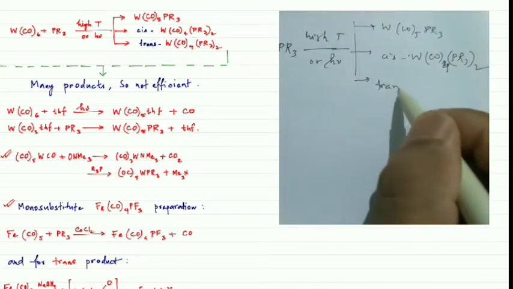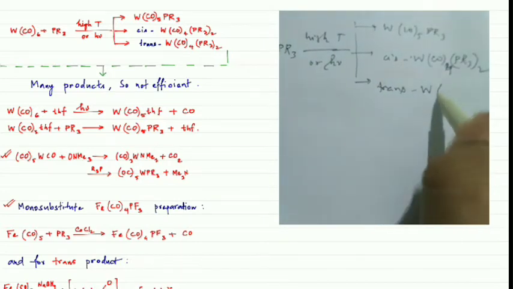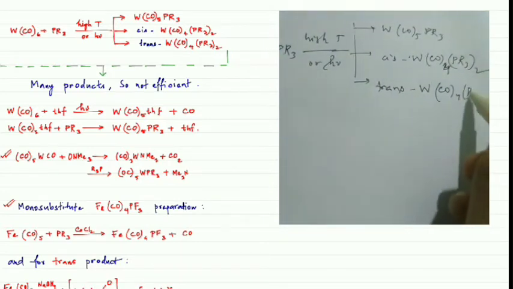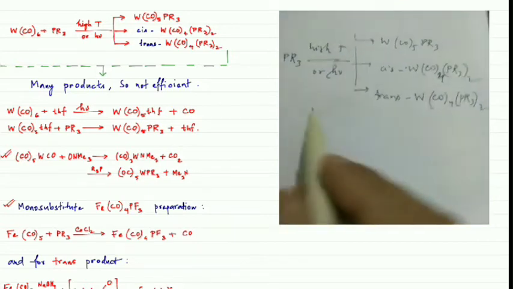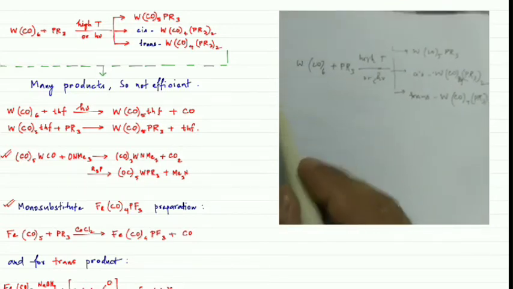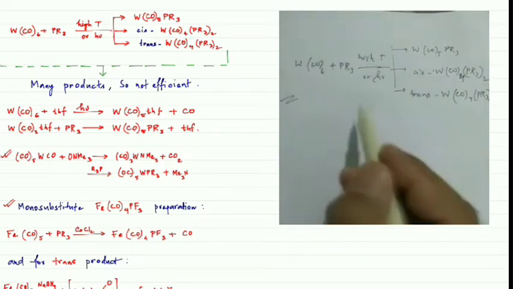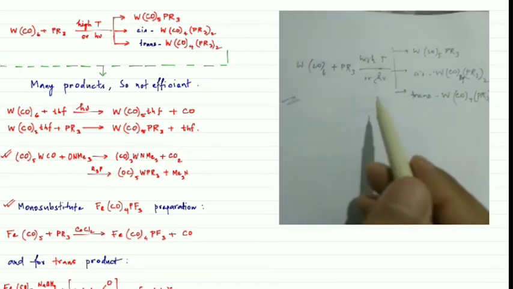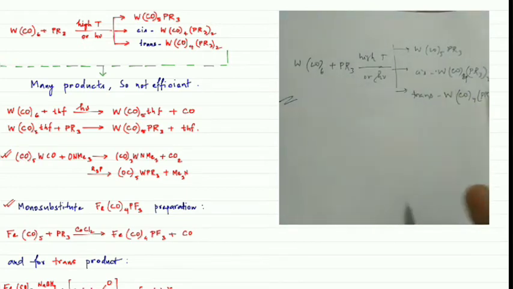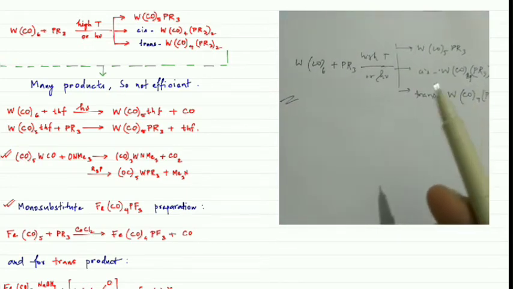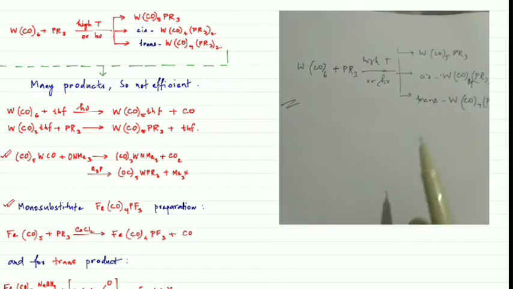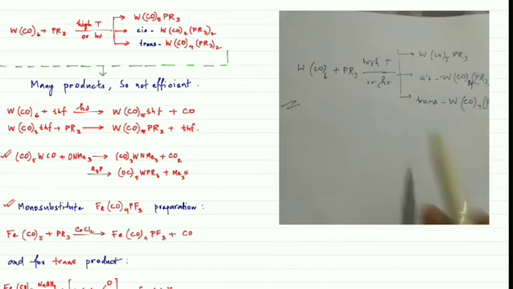And another one is the trans W(CO)4 (PR3)2. If you look at this reaction, this is actually the drawback of the earlier method.